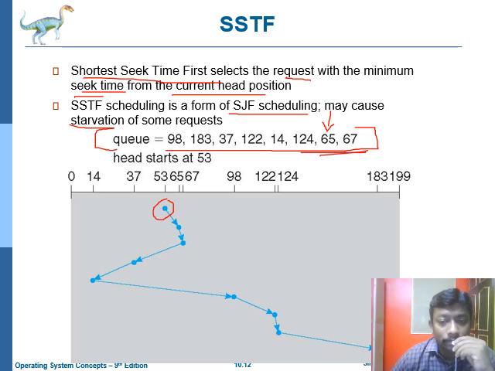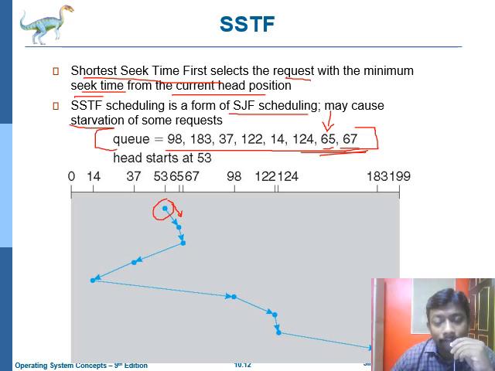The 65th sector is easy to seek or easy to access, and hence initially from the 53rd it will first reach the 65th sector, and from the 65th it has to reach 67.